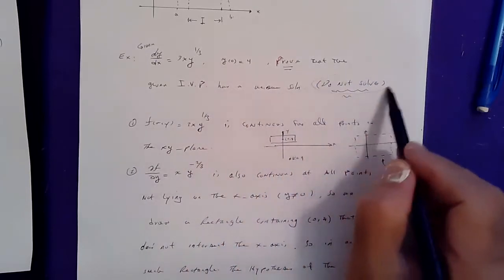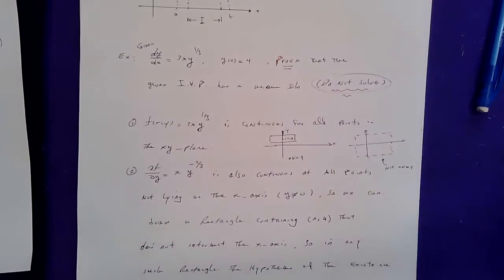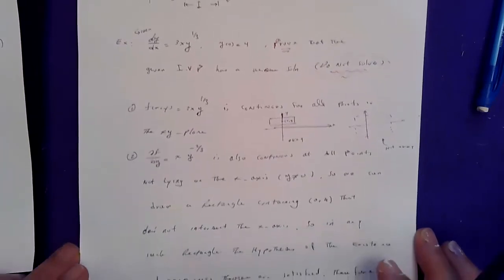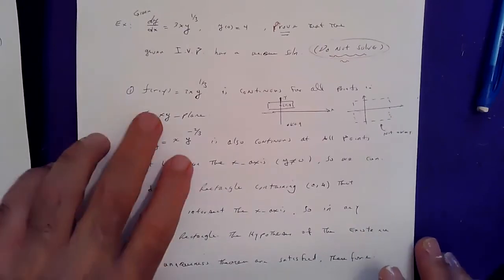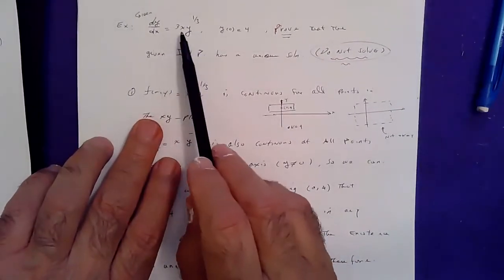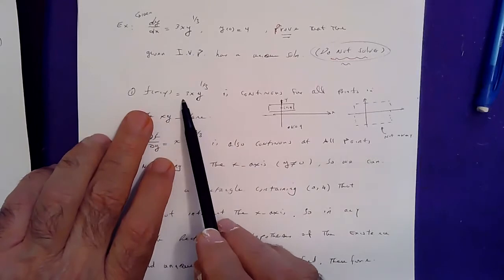Remember, we are not supposed to solve for y. We're supposed to prove the solution exists and it's one of a kind based on the theorem which we just went over. So whatever is on the right side of dy/dx is your f of x, y.